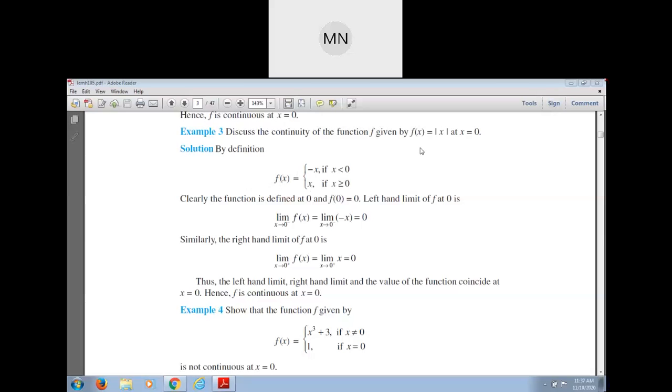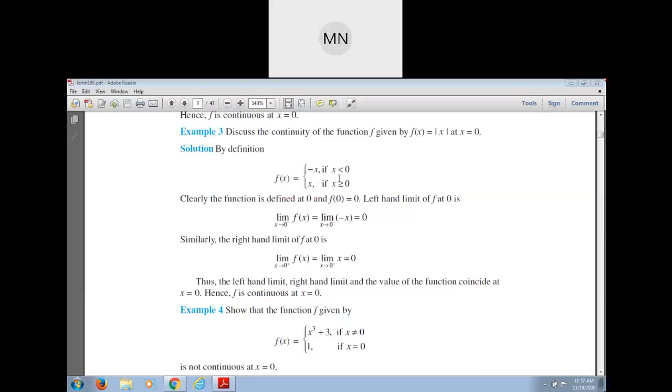The definition of the modulus function is this: f of x equals minus x if x is less than 0, and x if x is greater than or equal to 0. Here we have to check the continuity at x equals 0, so we have to find the left hand limit at x equals 0. So you have to find the limit as x tends to 0 minus of f of x.